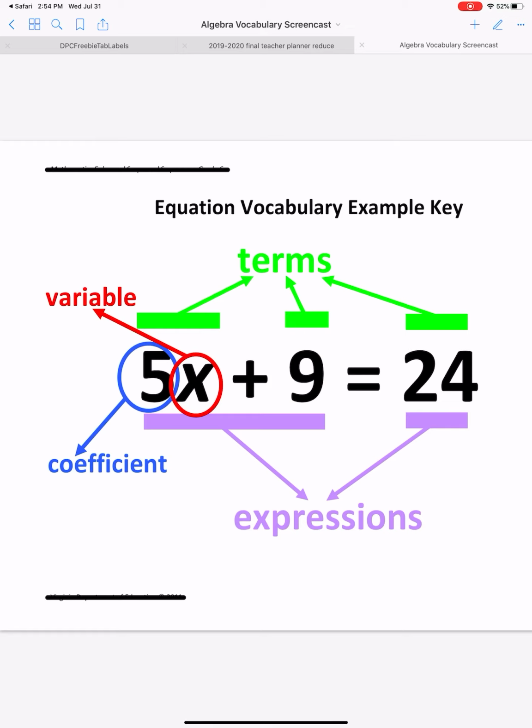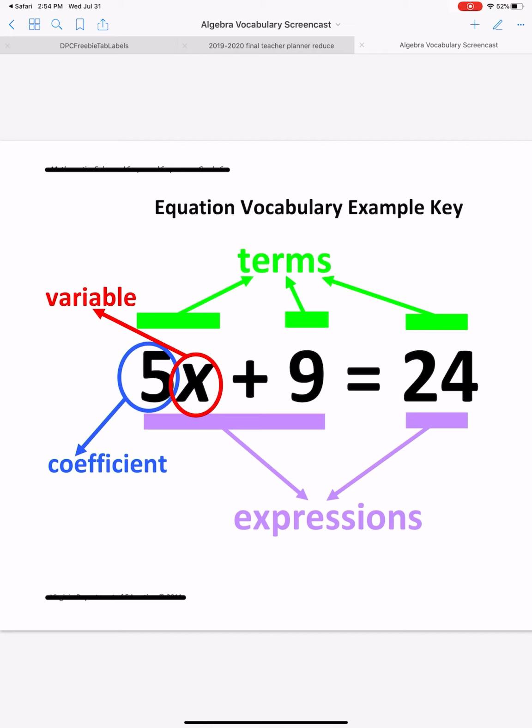Alrighty, so you guys just labeled this on your own, and now let's review. Hopefully you circled the 5, and that represents a coefficient, because it is a number that is attached to a variable, meaning they're going to be multiplied together. Then you circle the x as a variable because it represents an unknown number. And then we have two different expressions. Remember, the expression does not have the equal sign.